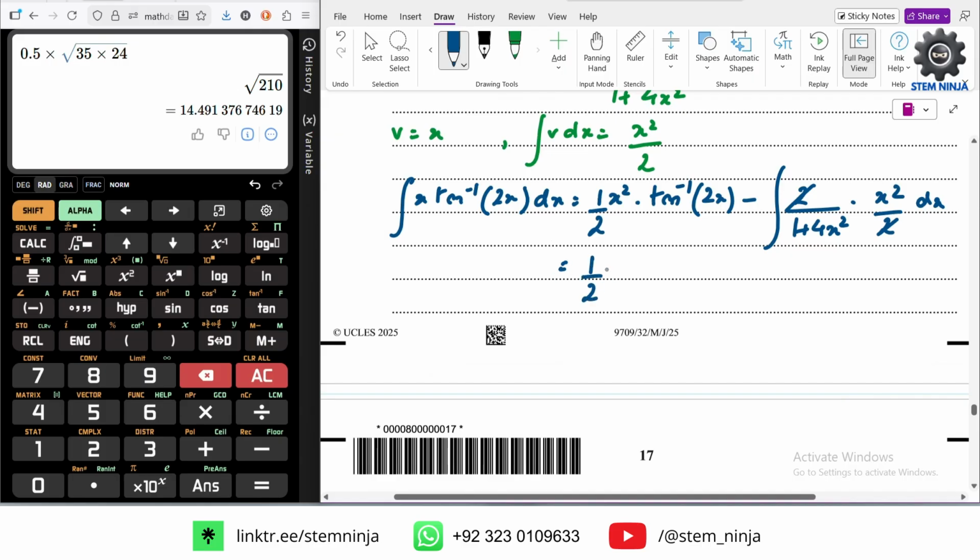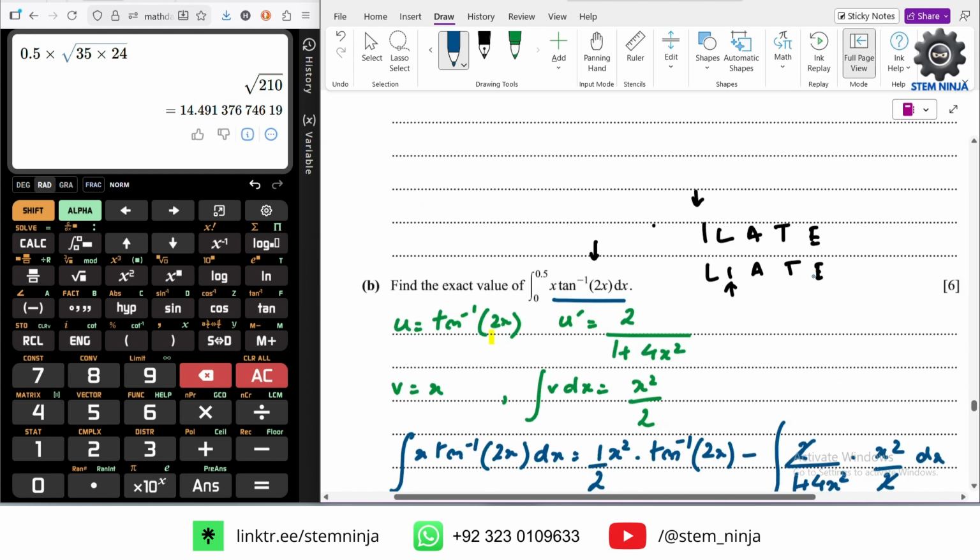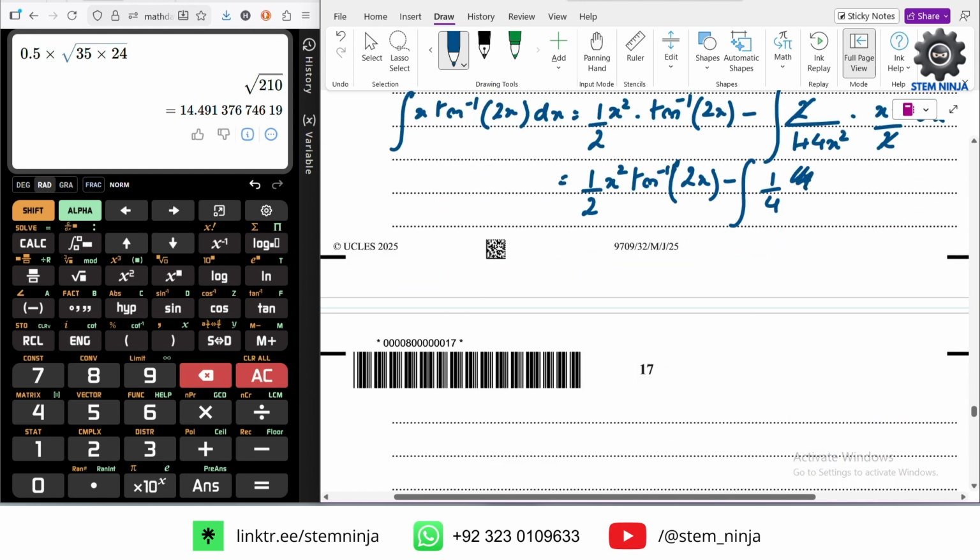So 1 over 2 x squared tan inverse of 2x minus the integral of, quotient was 1 over 4 plus remainder was minus 1 over 4 over 1 plus 4x squared. Right, and this is your dx. Okay, so we'll continue this over here.